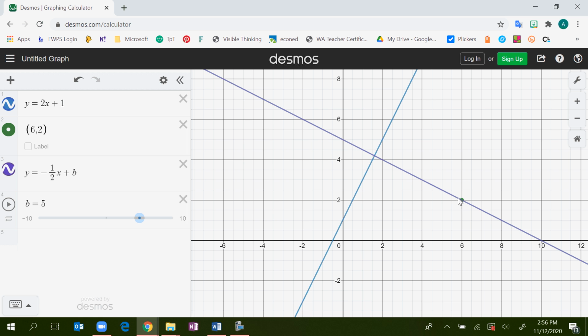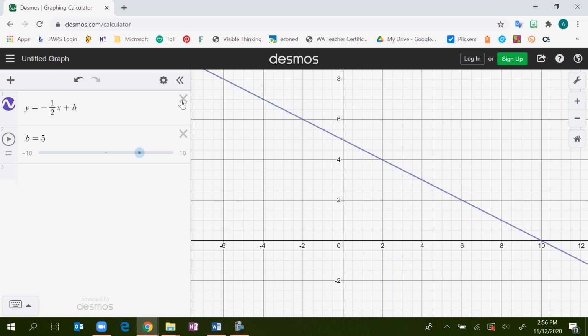So here we made sure that it's going through that green point that we wanted it to, and it's telling me that my b, my y-intercept, should be 5. So my equation for this answer should be y equals -1/2 x plus 5. Alright? Let's see that one more time on this next problem.